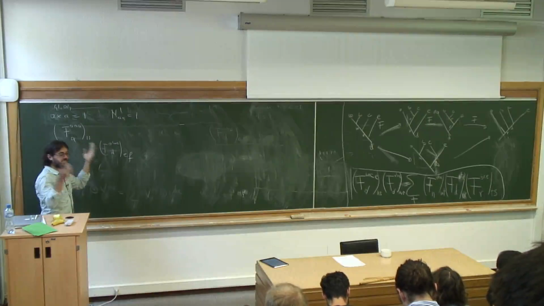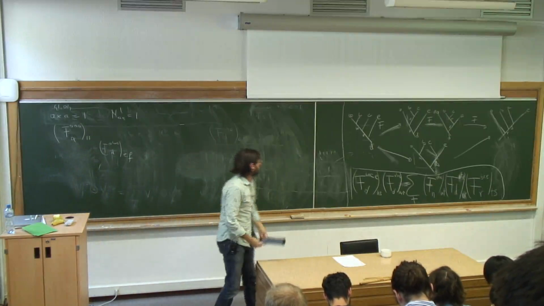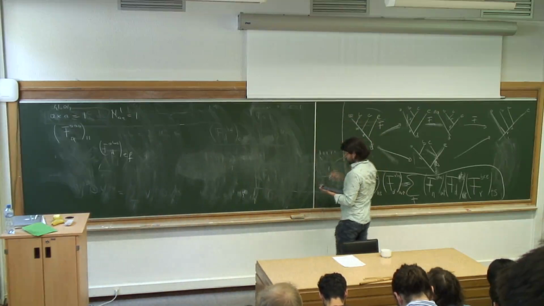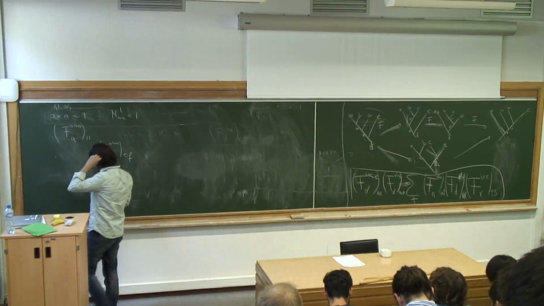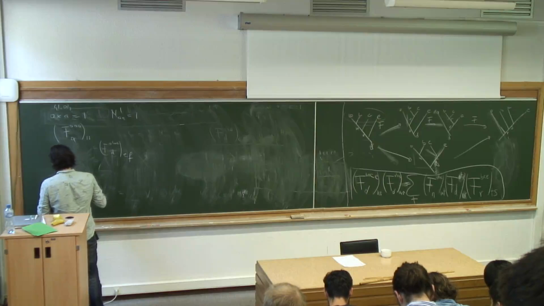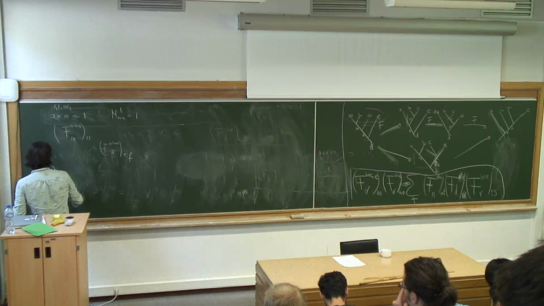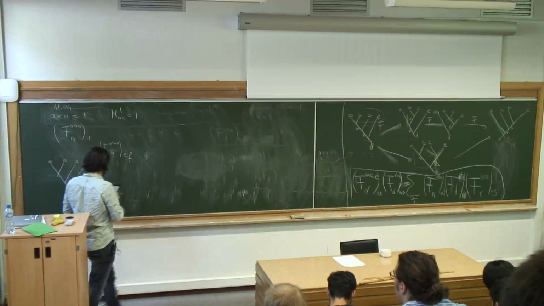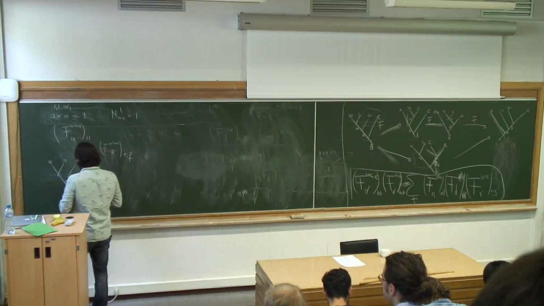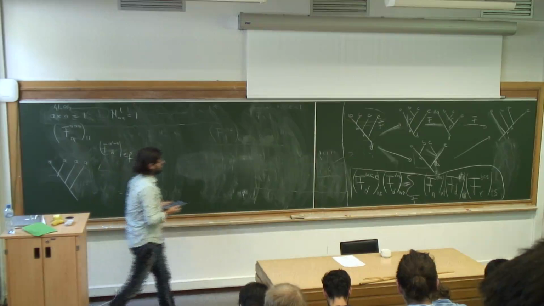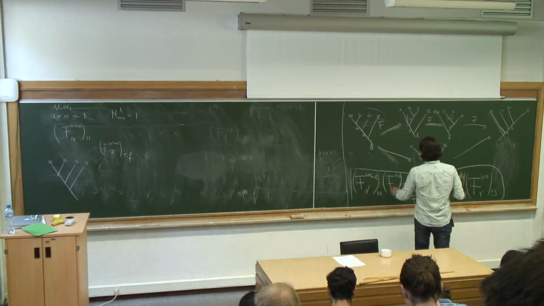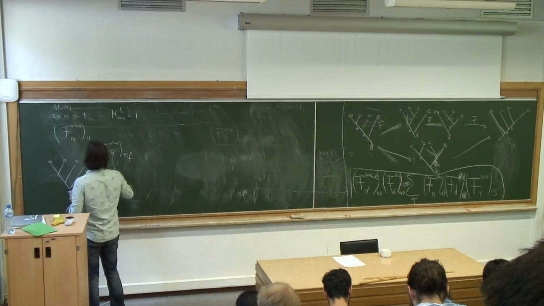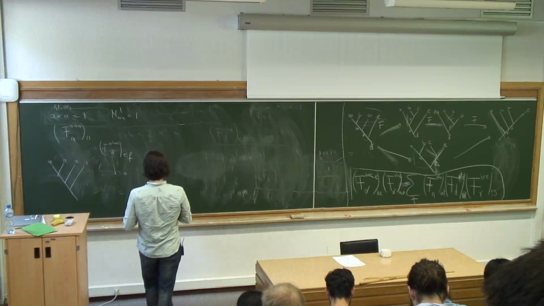Is that clear? Okay. So then, what you do in this equation, you just pick A, B, C, E to be equal to A. So you look at the pentagon equation with A. And you pick D, obviously, D equals A. Actually, hang on, I'm kind of confused.